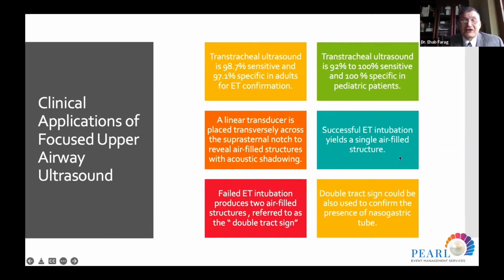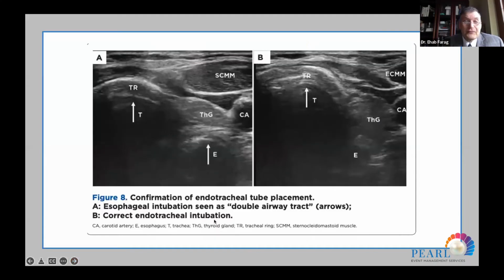Successful endotracheal intubation yields a single air-filled structure, and the double track sign could also be used to confirm the presence of a nasogastric tube. And this I can show you. In this patient with failed or esophageal intubation, we have here the tracheal ring and the hyperechoic line, and the tube in the esophagus, because the esophagus is a collapsed structure.